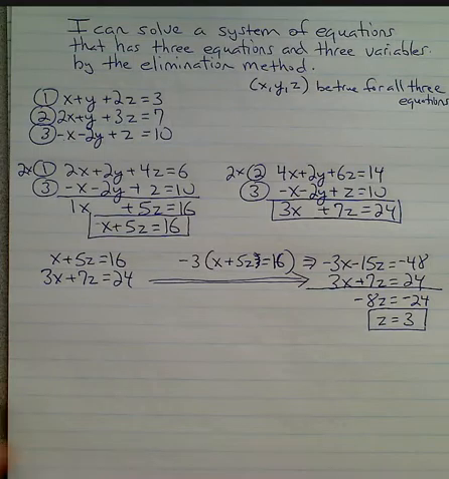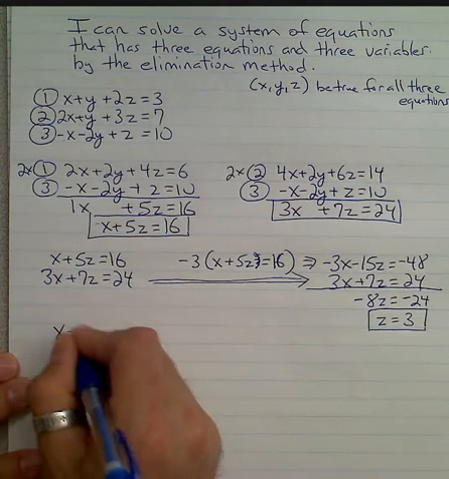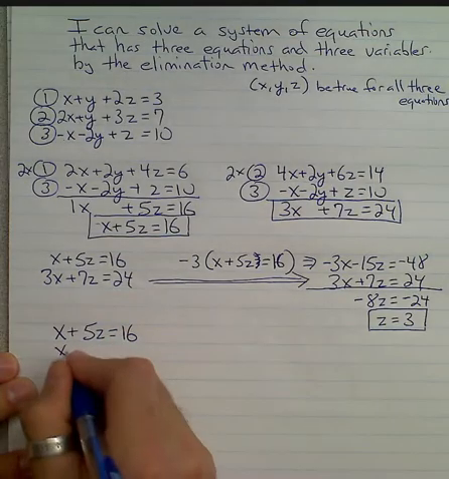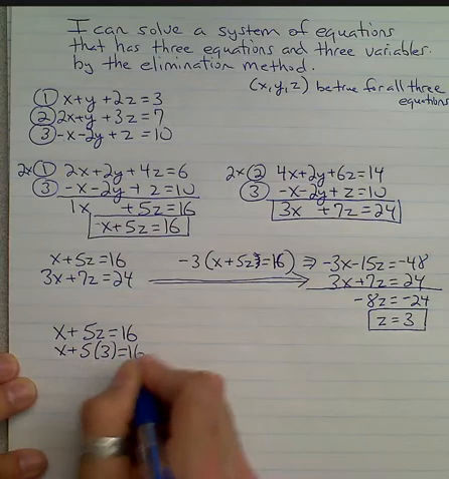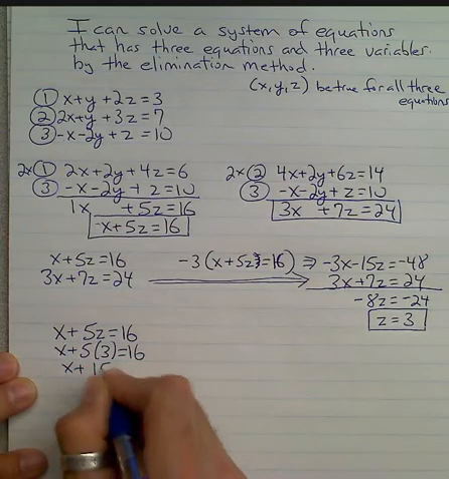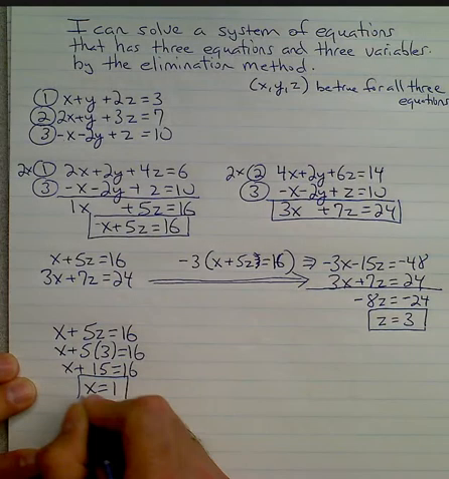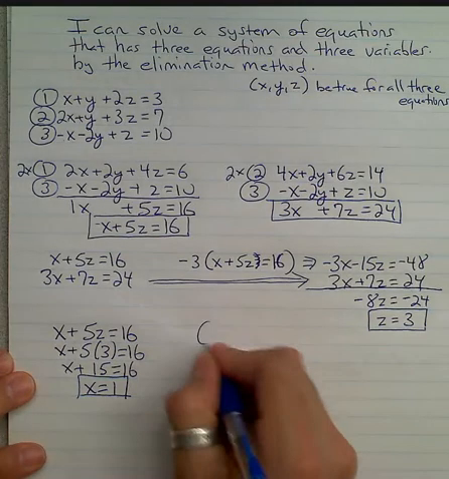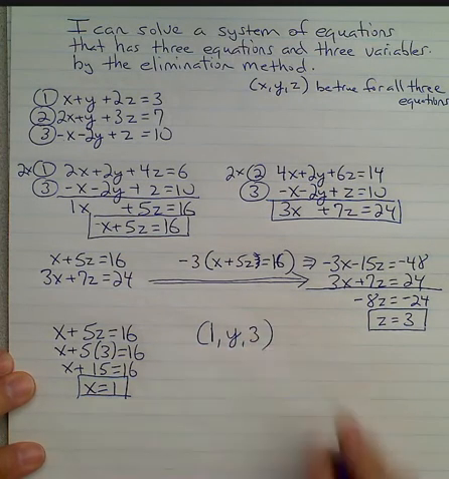What I'm going to need to do next is go back to one of these, and I'll take the first one, and I'm going to substitute the 3 for z, and this will give me the x. And here I find that x equals 1. So now I have x equals 1, y is still unknown, and z is 3.